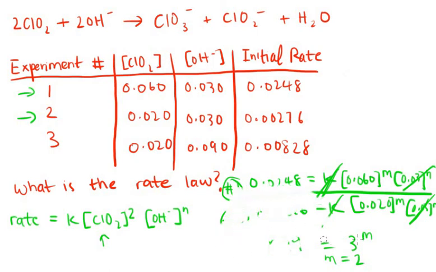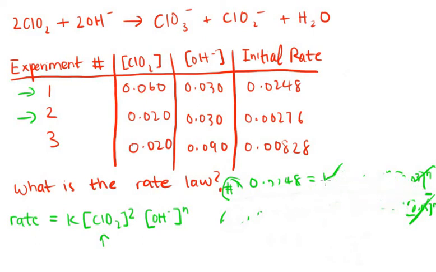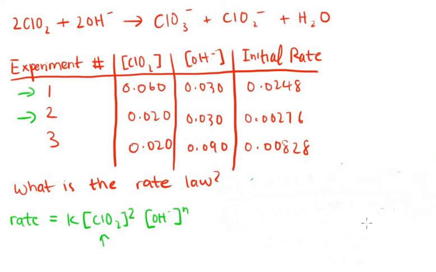It's the same process, because now we just use experiment number 3, where we can eliminate the m variable. Remember how the last time we kept these constant? Now we're going to keep these constant. So we're going to compare number 2 and number 3. So we can delete m and just get n, and we can solve for n.